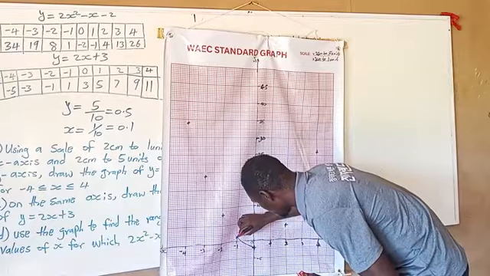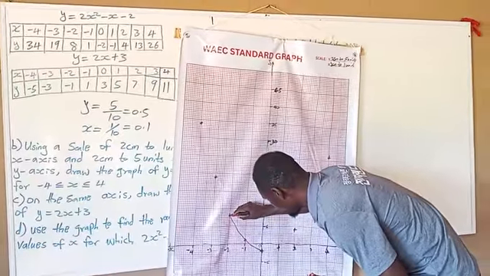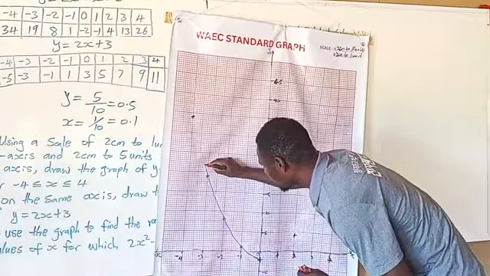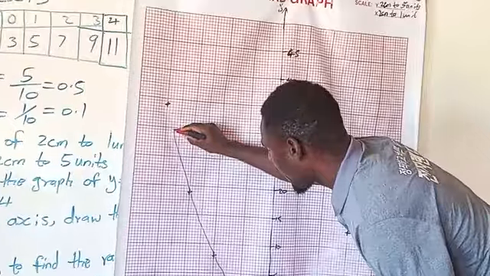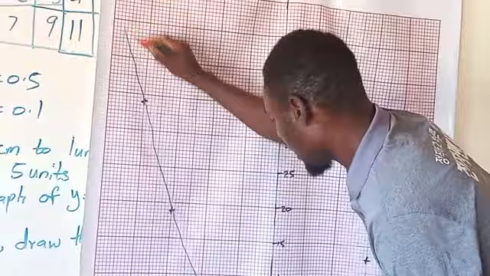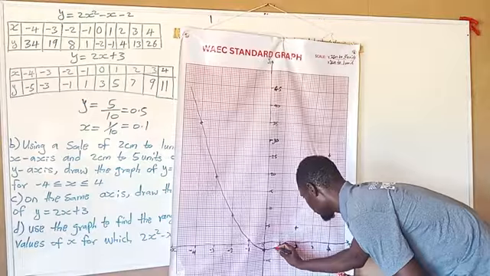If you are using a graph sheet, you use a broom. You trace it and you bring it out. Now you trace from here again.